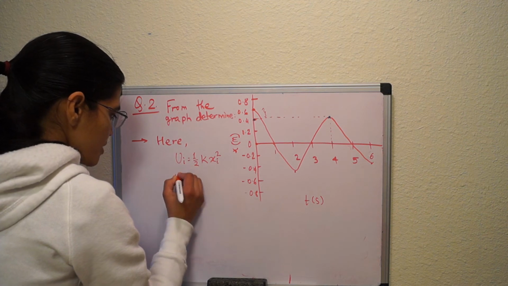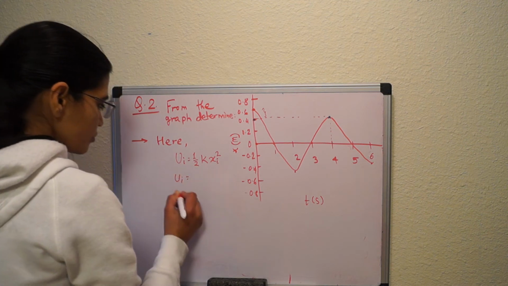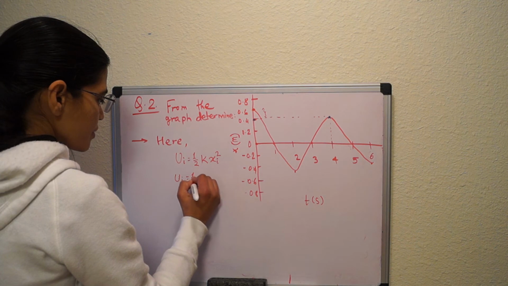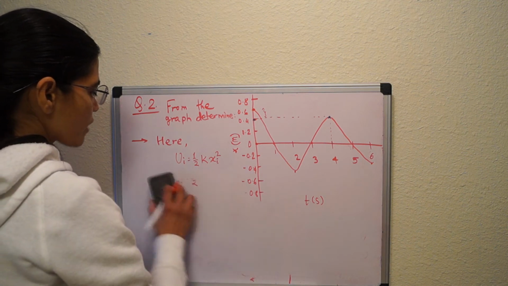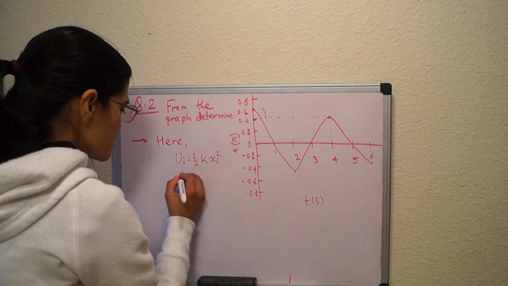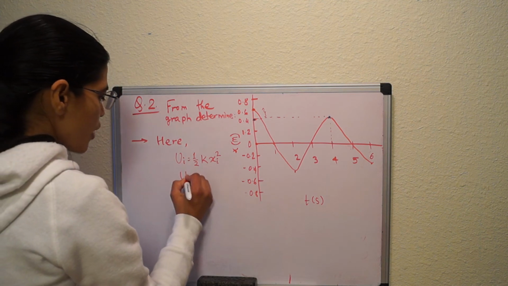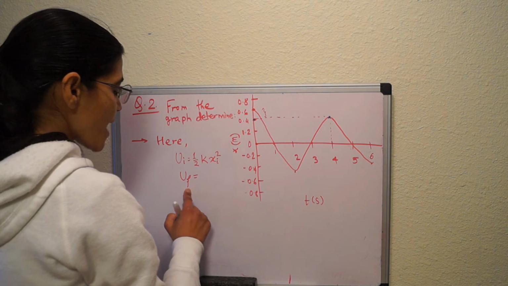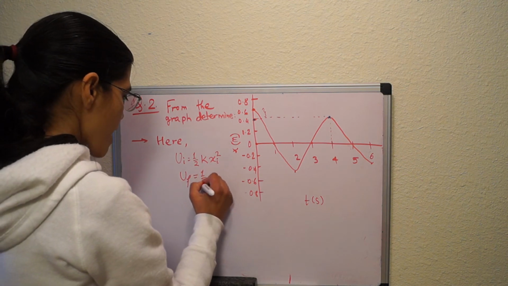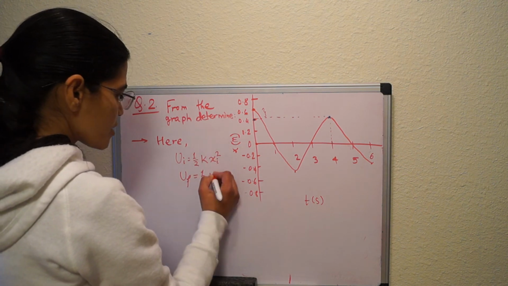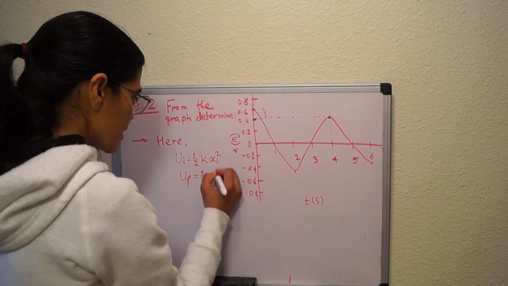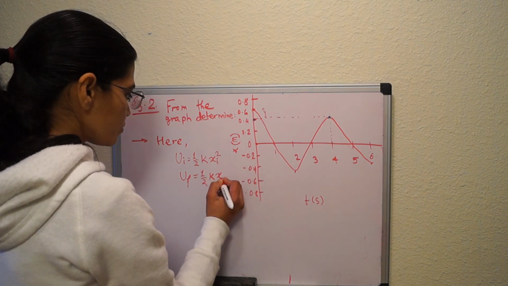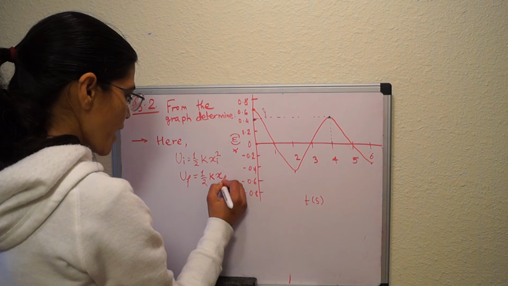Then Ui is half k x i squared, and we'll write the values afterwards. And then this is another equation. Uf is the final potential energy, which at 4 seconds is again half k. Spring constant doesn't change for this oscillation, right? However, this position changes, which is xf squared.